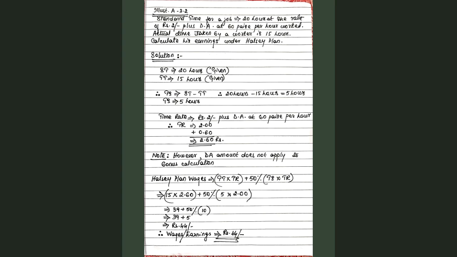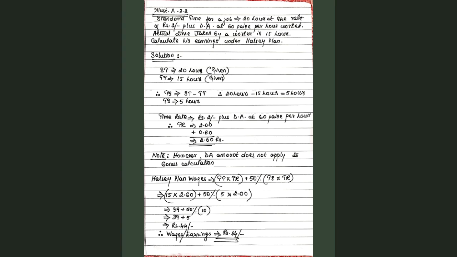Halsey plan wages is equal to time taken into time rate plus 50% of time saved into time rate. Therefore, putting the figures in the formula, you have 15 hours into rupees 2.60. Here, when we have taken 2.60, it's a combination of both the hourly rate as well as the DA.